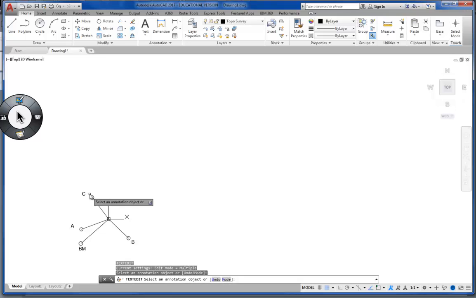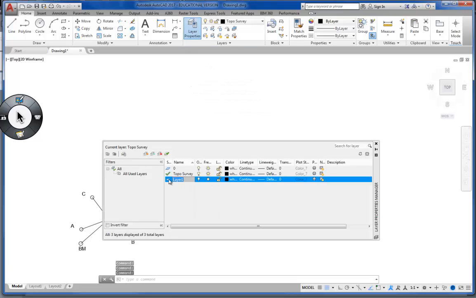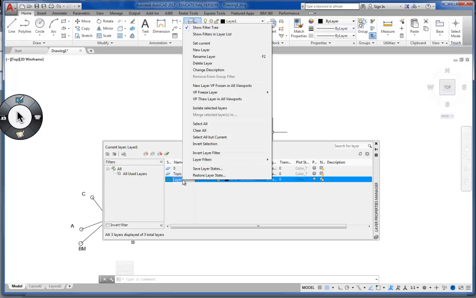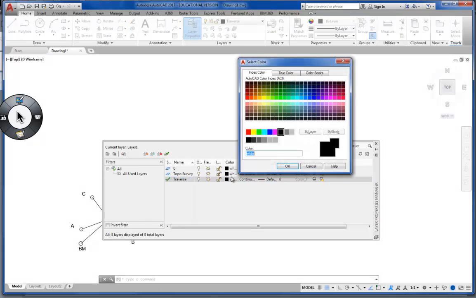Make that C. So then layer properties, come in here, create this. This is our traverse. Main layer, traverse. And we'll make this hot red.